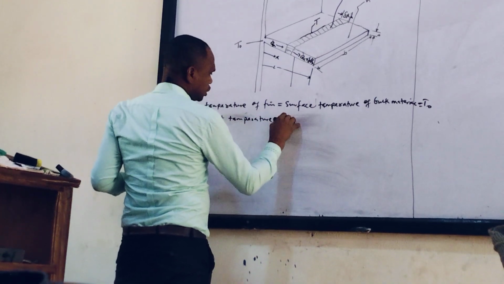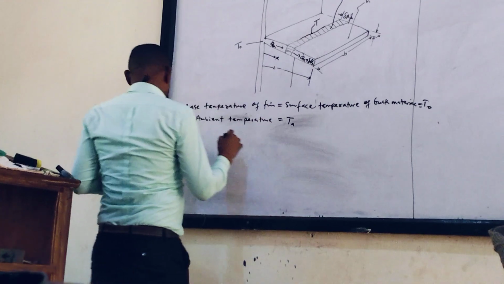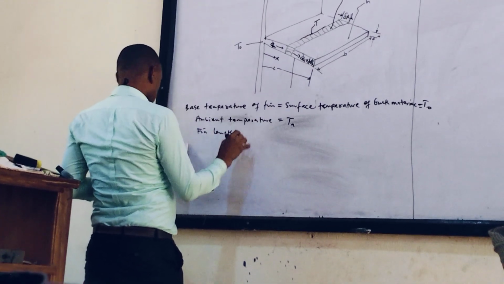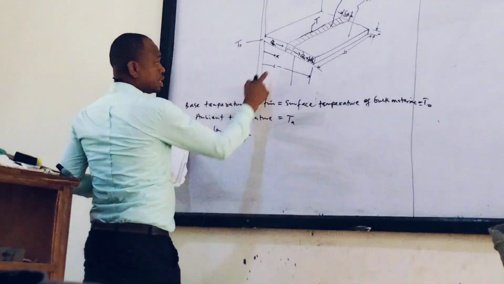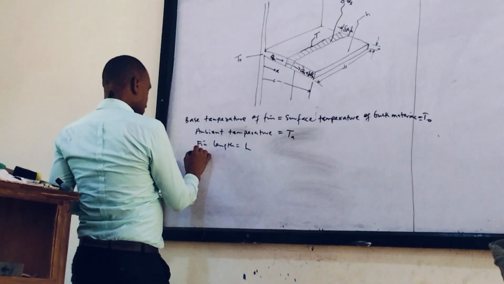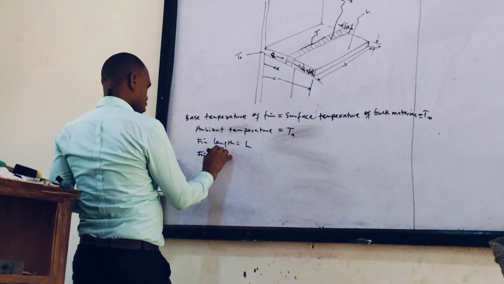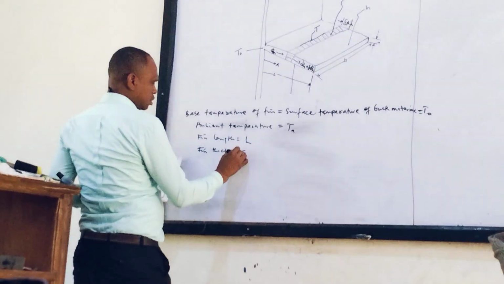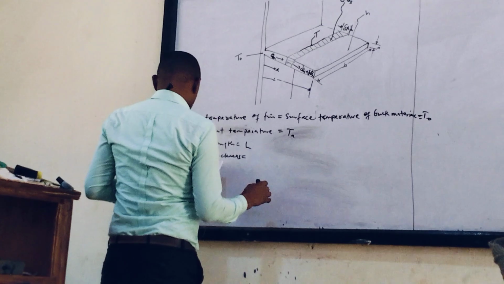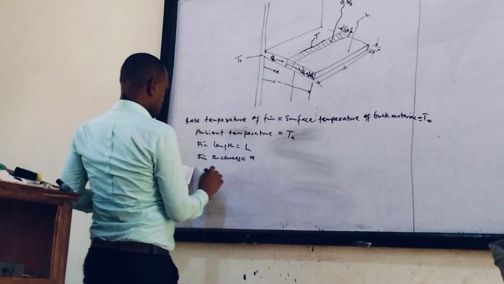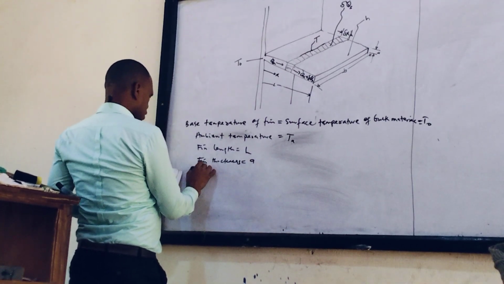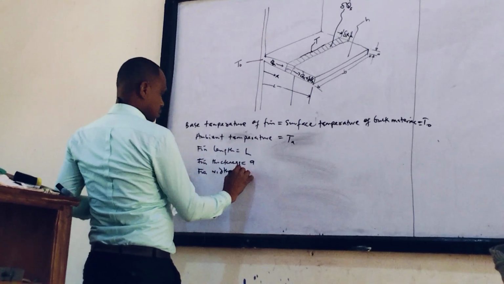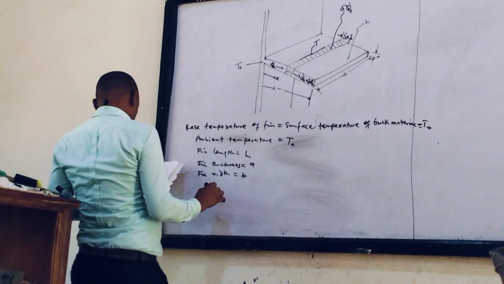Ambient temperature is what? TA. Then fin length is what? L. That is this. And fin thickness. Fin thickness is what? And fin width is what? B.